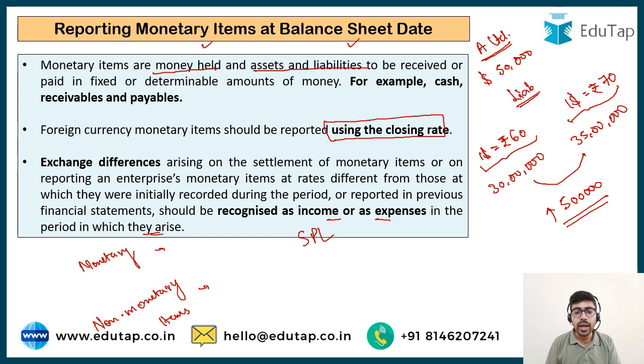Since it is a loss for us, it is going to be recognized as an expense or loss in the profit or loss statement. So this is the treatment with regard to monetary items at the balance sheet date. Very simple: apply the closing rate, and the difference between the transaction rate and the closing rate is going to be your income or loss, and you have to report it in your statement of P&L.